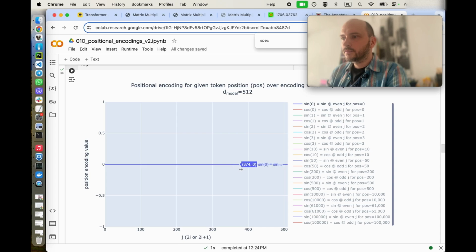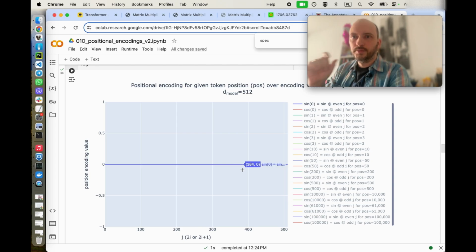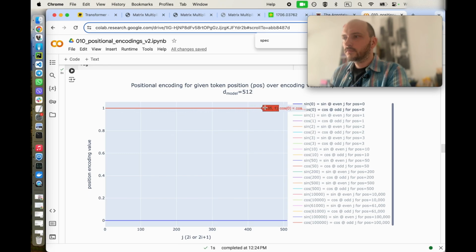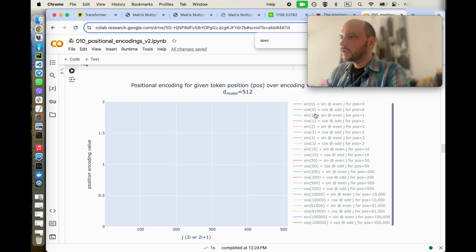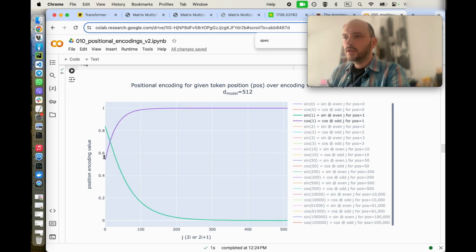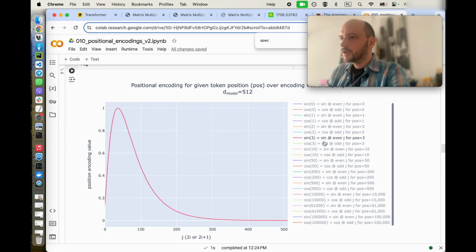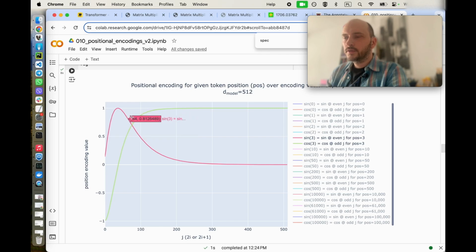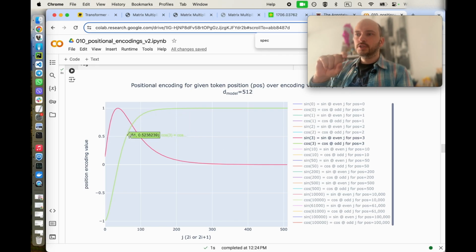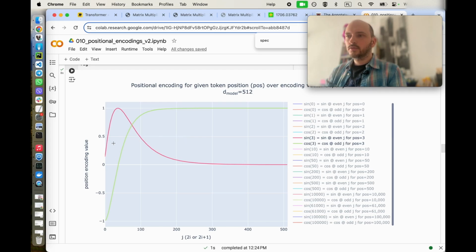Sine for 0 will be 0, so we have 0 everywhere, and cosine will be 1 on all the positional encodings. For the next position, we will have some change. And the deeper we go in positions, the more frequency we will have here at the beginning. Though it will not be symmetrical, because you remember that the power changes exponentially, right? That's why we have higher frequency here and lower frequency here.